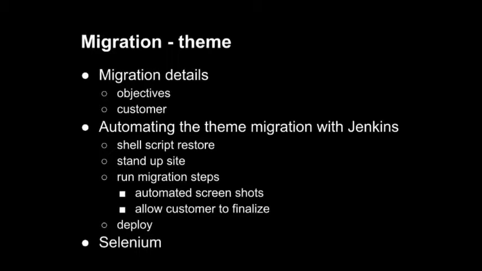And so we utilized our backup and restore across our network. We had Jenkins configured with a number of shell scripts to restore the site that we wanted to migrate in a particular spot on a virtual machine that we created just for this. And then we would have a buildout run yet again by Jenkins with another process. We would have everything the environment needed for it, and then we would run the migration steps.